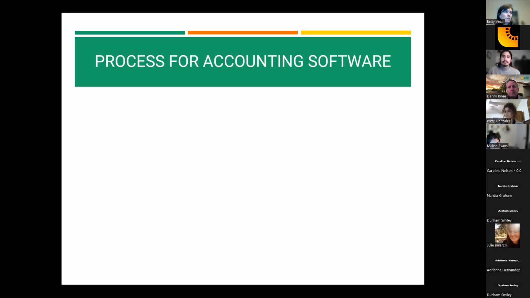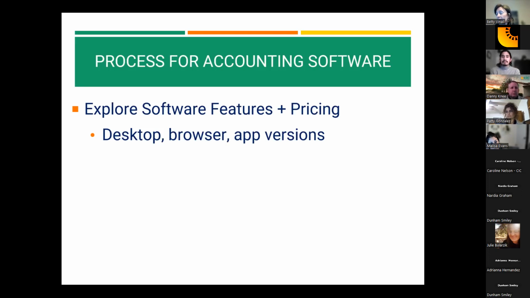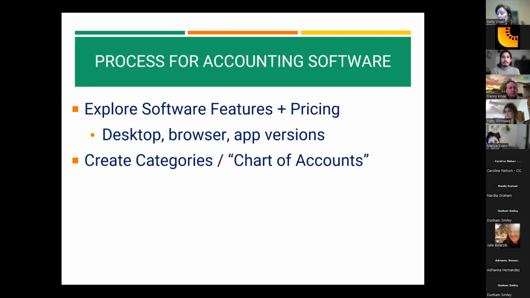So the process for purchasing an accounting software would be to explore the software features and the prices, desktop browser versus app. And as I said, desktop versions are becoming more difficult to find. Making sure you have your chart of accounts ready to enter and set up.